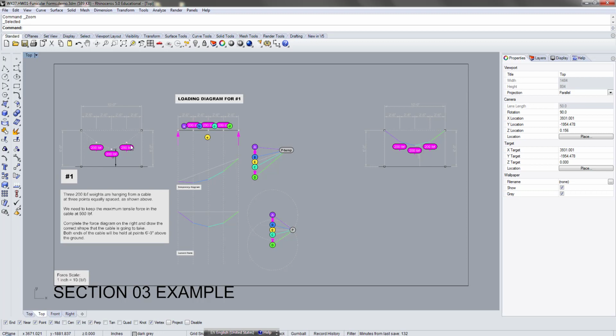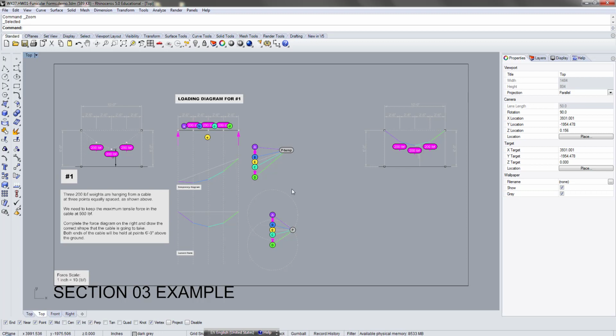Here, we are setting the maximum internal force of the cable to be 500 pound force, and depending on that we are going to define the geometry. So that's what we are going to do.